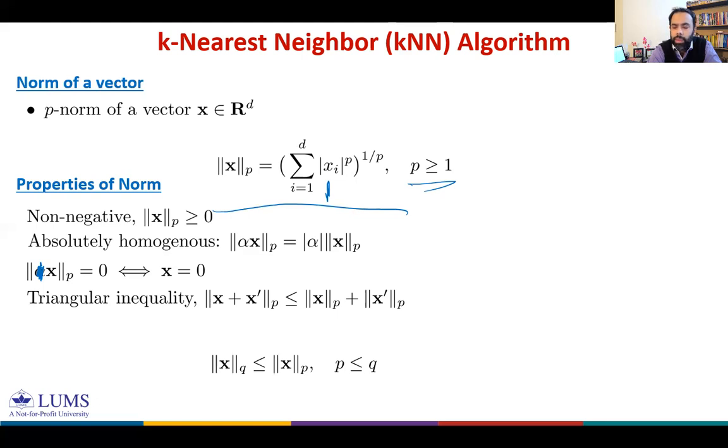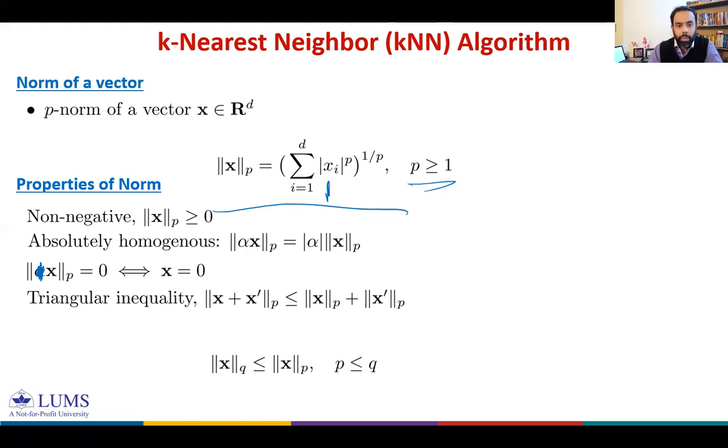Euclidean distance is the 2 norm of x minus x dash, and Manhattan distance is the 1 norm of x minus x dash. So we can say Manhattan distance will always be greater than or equal to Euclidean distance.